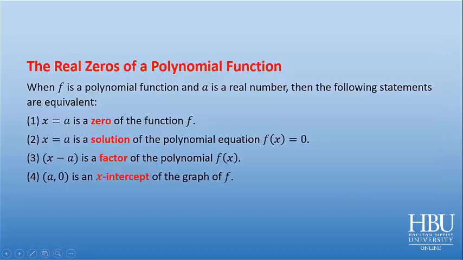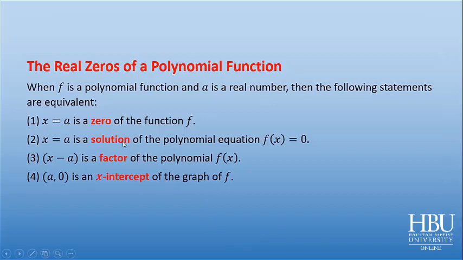Another thing to consider about a polynomial function are its real zeros. If f is a polynomial function and a is a real number, then the following statements are equivalent. x equals a is a 0 of the function f, or x equal to a is a solution of the polynomial equation when you set f of x equal to 0, or x minus a is a factor of the polynomial f of x, or the point (a, 0) is an x-intercept of the graph of f.